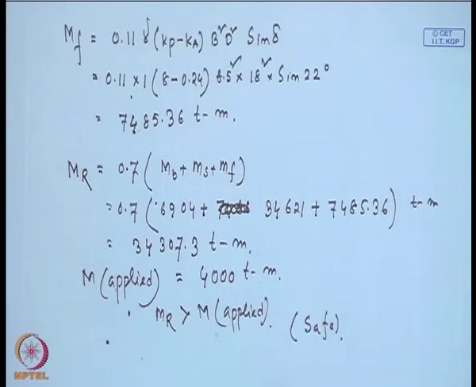The Q max should be less than the allowable load carrying capacity of the soil, and also we have checked the horizontal force that is acting on the well, and whether due to that horizontal force the stability will be disturbed or not, whether the well is also stable under that horizontal force.